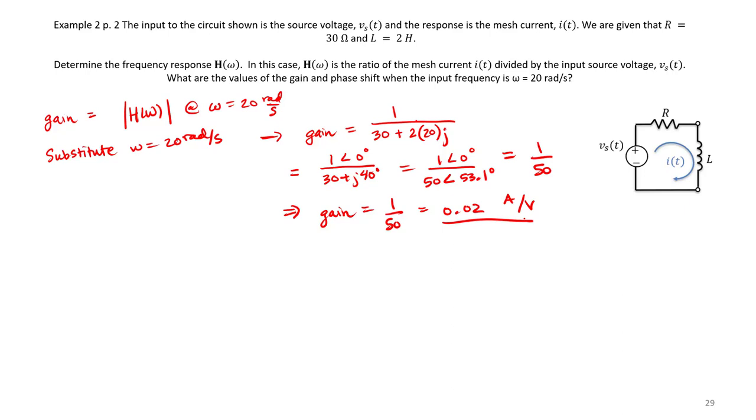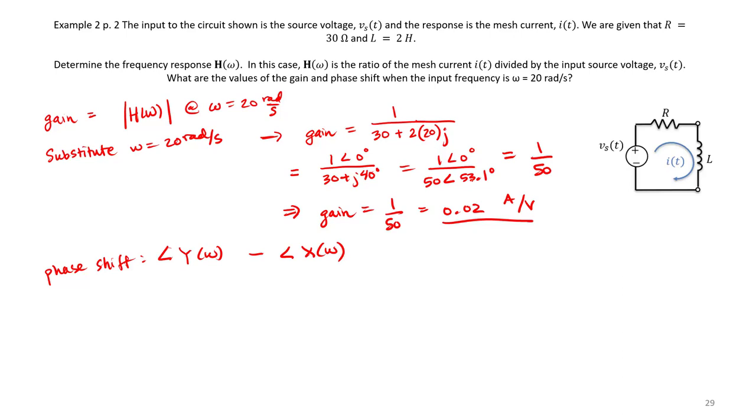Similarly, the phase shift, that's the difference in our phase angles between the output and the input. So in this case, we see that our output Y is 0 degrees, and our input X that we're dividing by is 53.1 degrees.